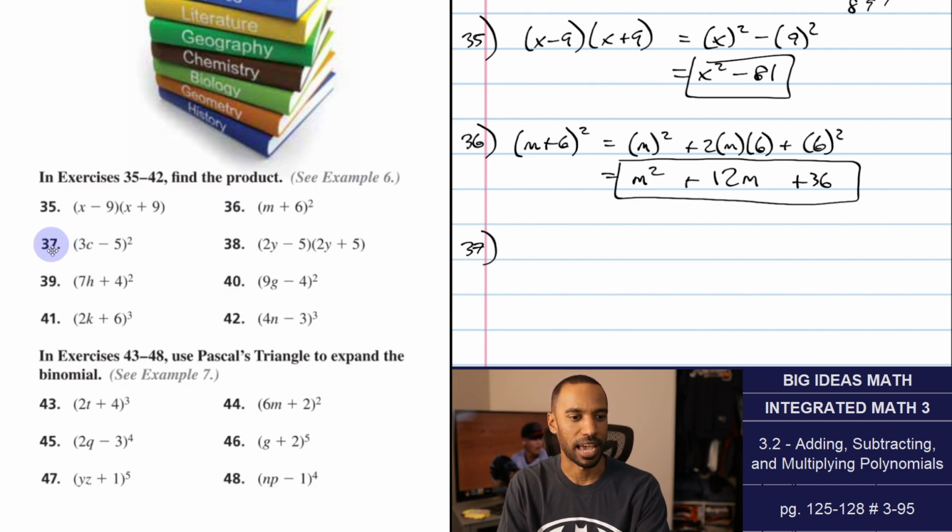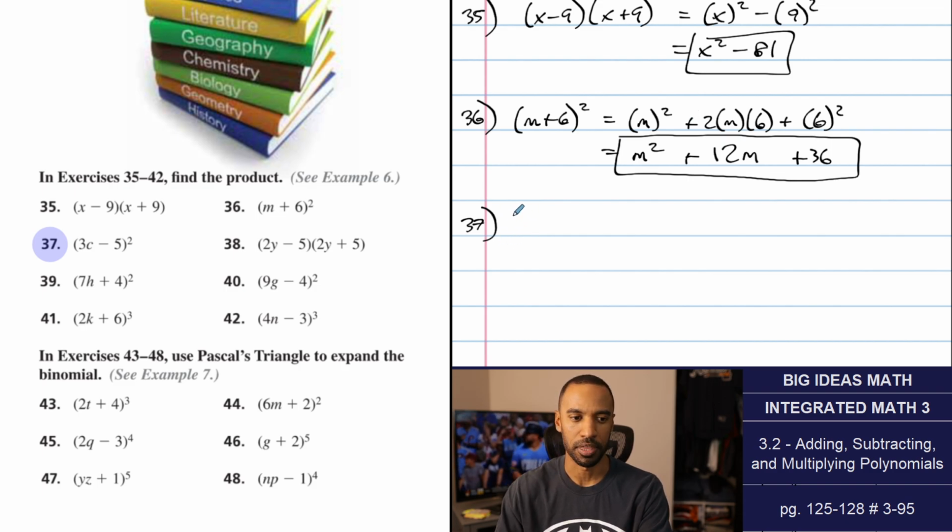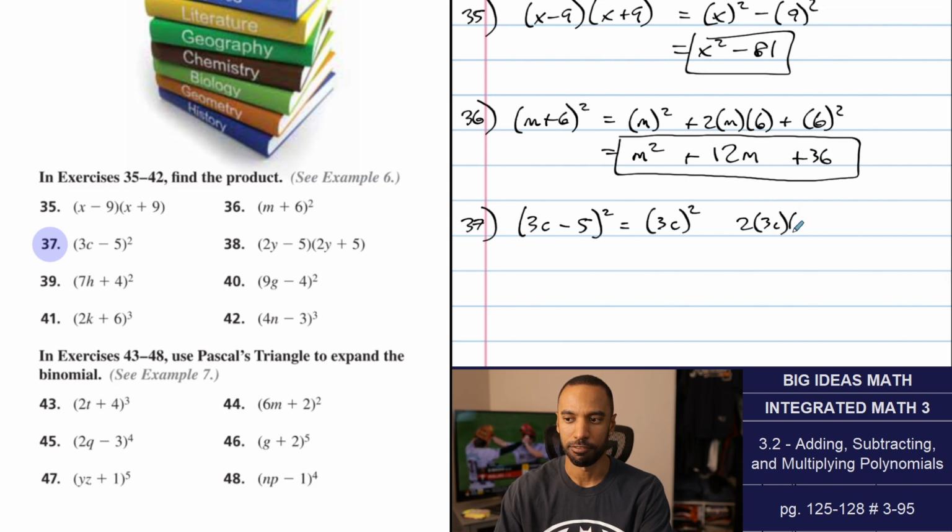3c minus 5 squared is technically a different kind of question because there's a negative this time, but it still is the 2ab thing. And it's a little different because you have 3c instead here. 3c minus 5 squared. You got to square 3c. You got to double the product of 3c and 5, but you subtract this time, and you got to add 5 squared.